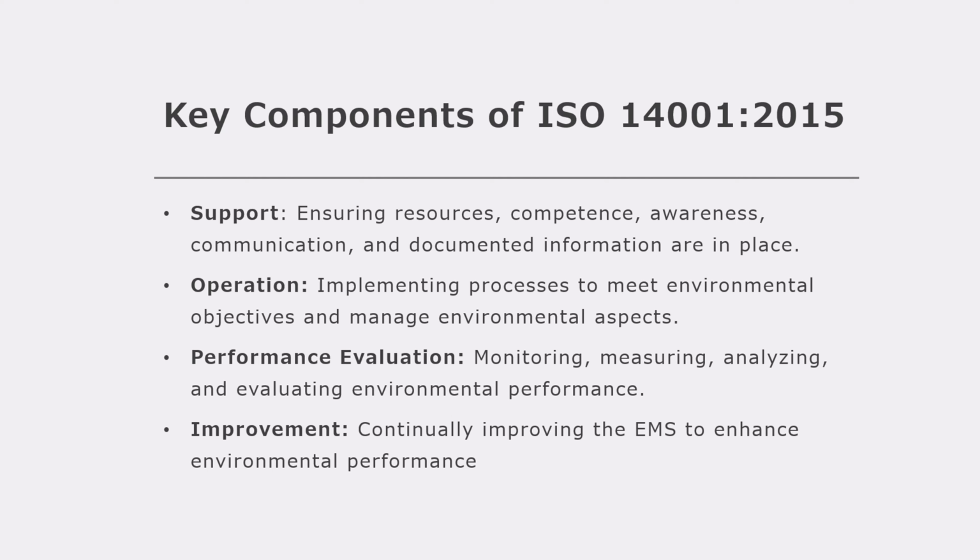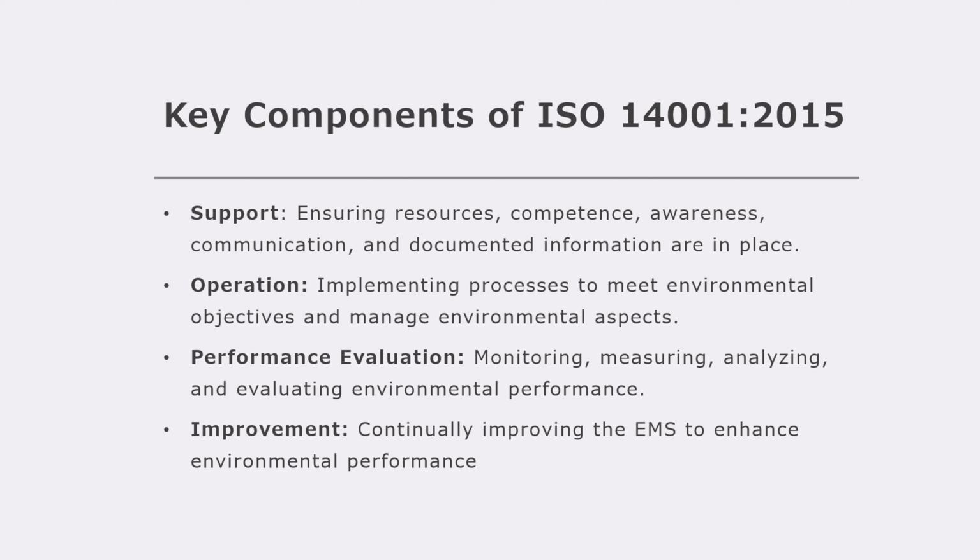Next is performance evaluation. GreenTech will have to monitor and measure its environmental performance through regular audits and reviews. In this way, they track key performance indicators like energy consumption and waste generation. And this means, in summary, monitoring, measuring, analyzing, and evaluating their environmental performance.